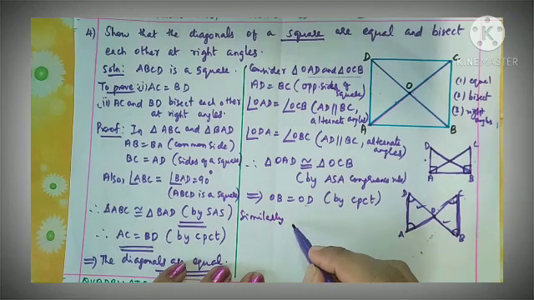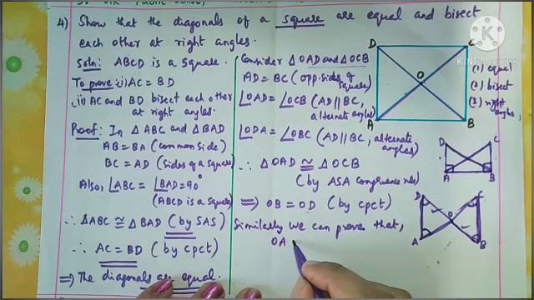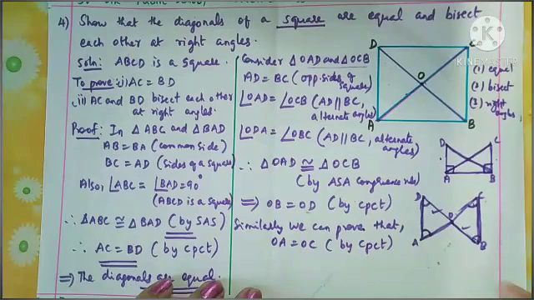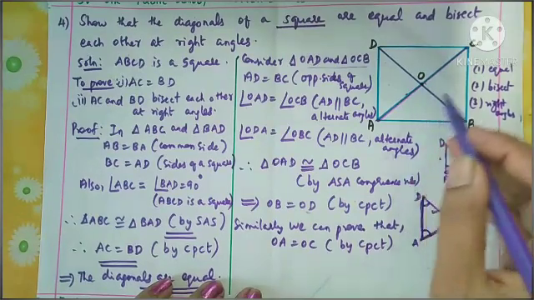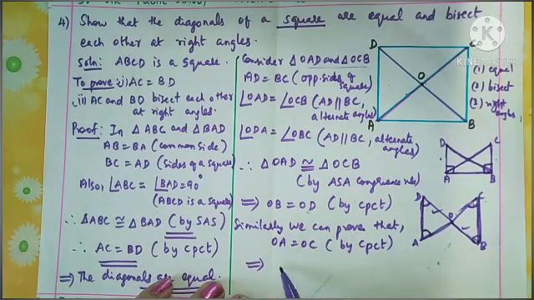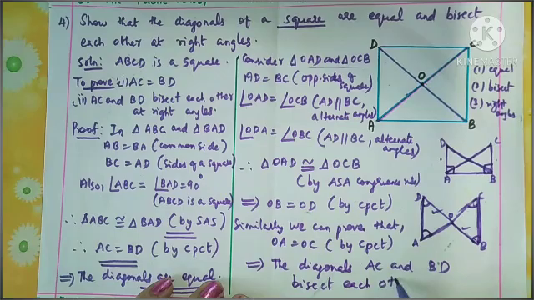Similarly, we can prove that OA equal to OC. Okay, so need not prove that. We can write by CPCT, they are also equal. OA equal to OC. So what we got children? We got the two diagonals bisect each other. So this implies that diagonals AC and BD bisect each other. So thus we got the second part of our result.